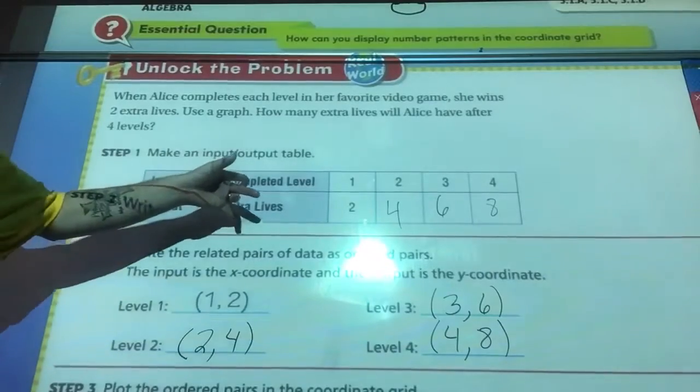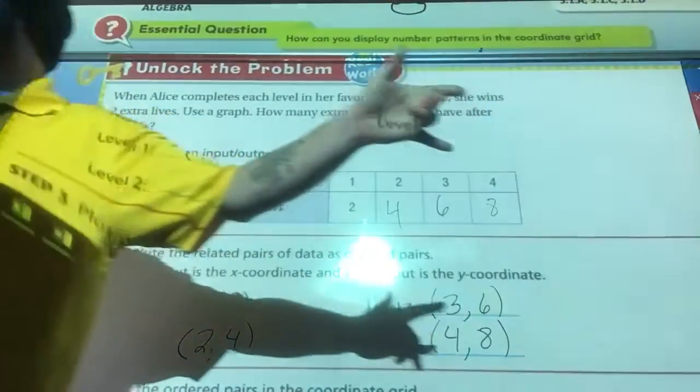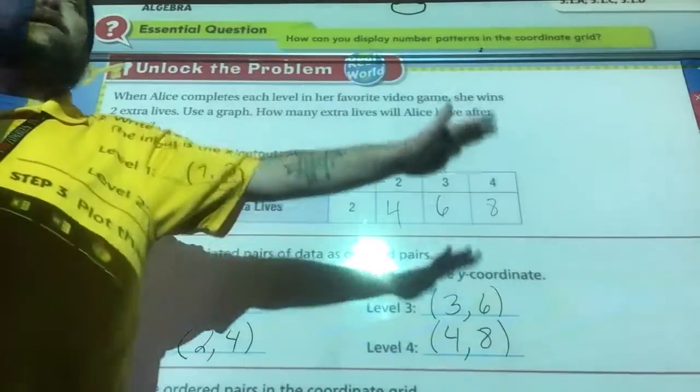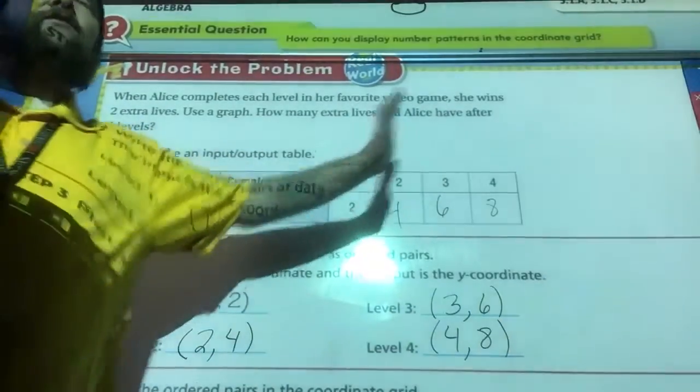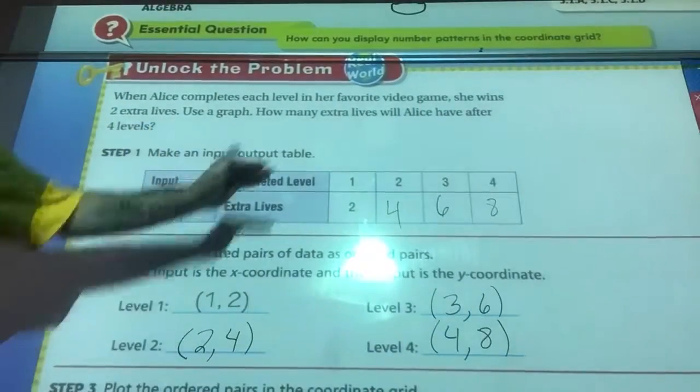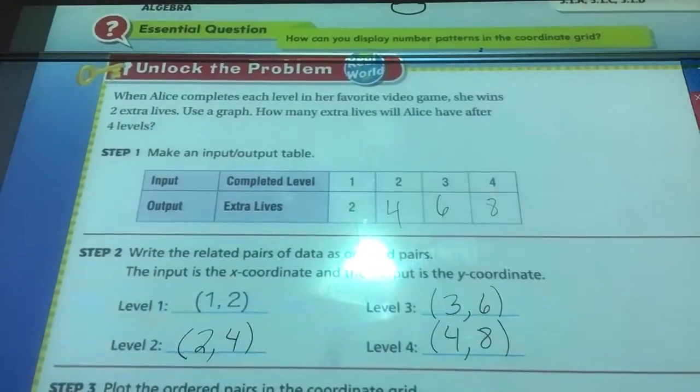So it might say multiply by 2. It's a multiplicative pattern. And they'll give you 4 choices. And if you can identify how to go from input to output, then you're going to be fine. So let me slide it up so we can look at the rest of that page.